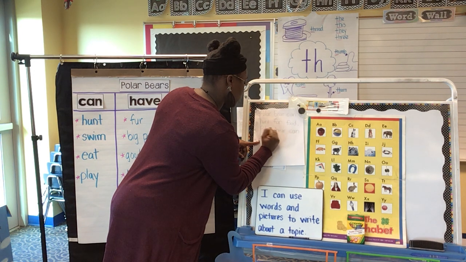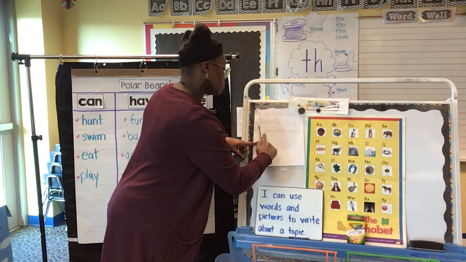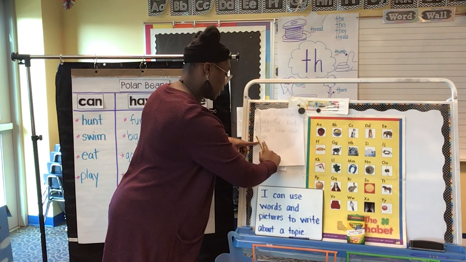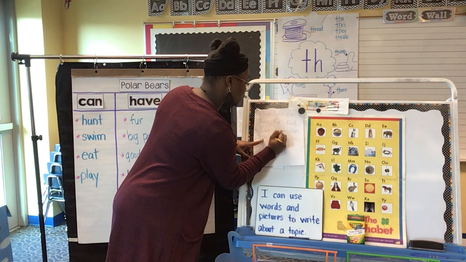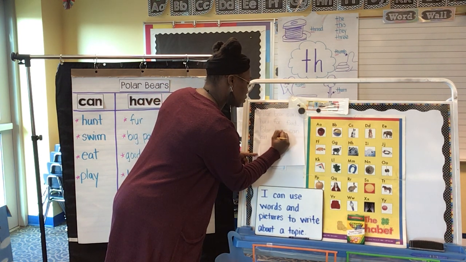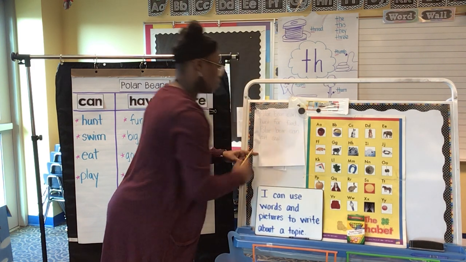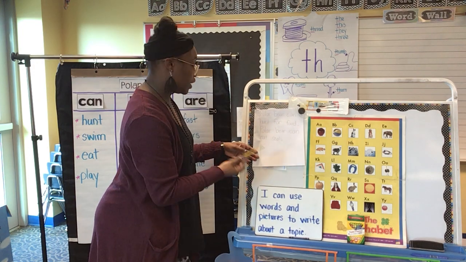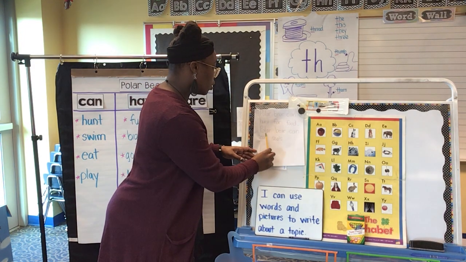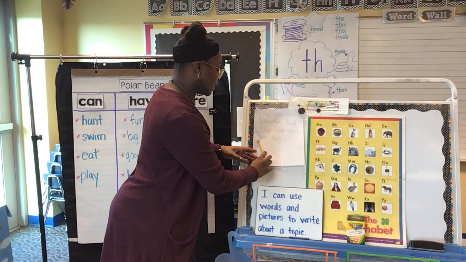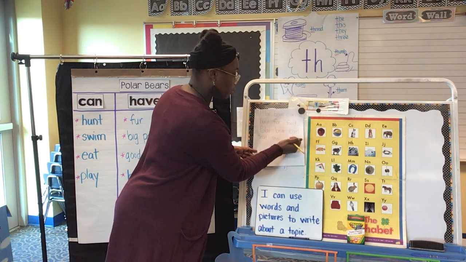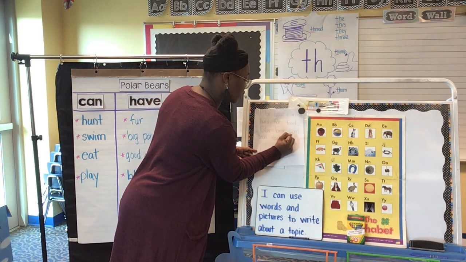E, A, T. Polar bears can eat seals. Just like that. Okay. So I'm going to go back and reread and make sure I didn't leave anything out. Polar bears can eat seals. And I'm going to go ahead and put my punctuation mark there.